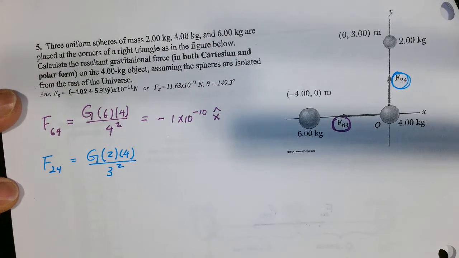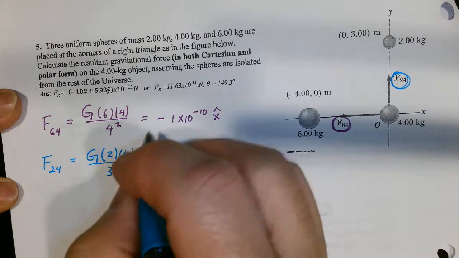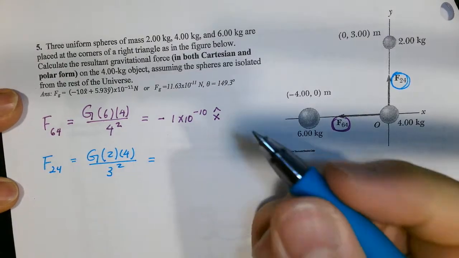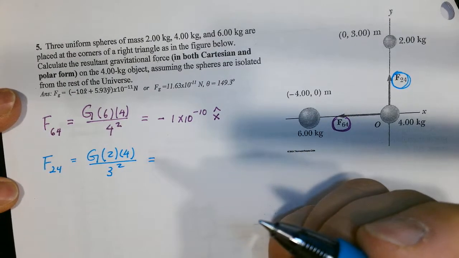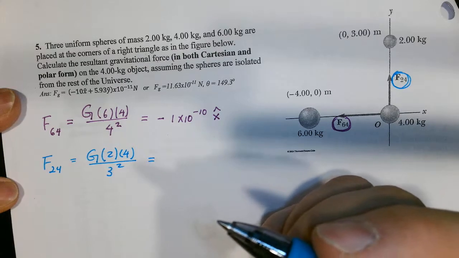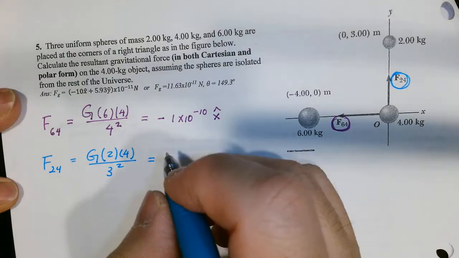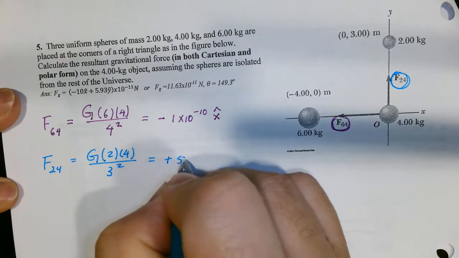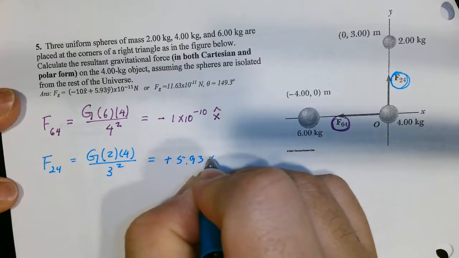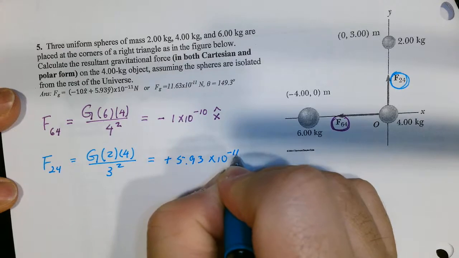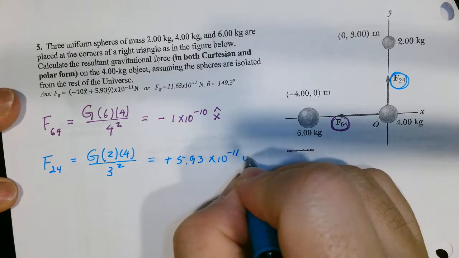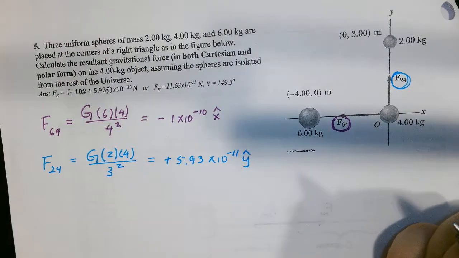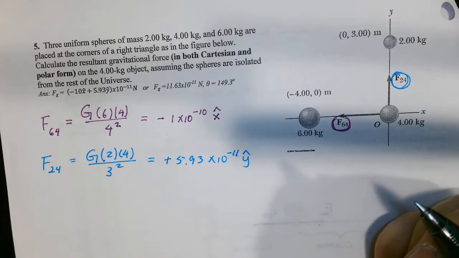And if you work that out, you're going to get positive 5.93 times 10 to the negative 11th y hat.